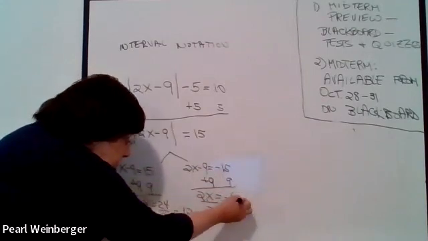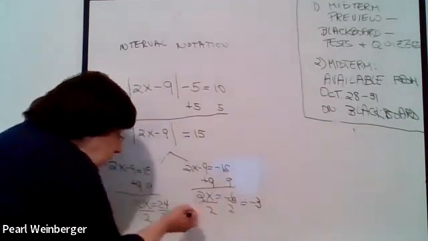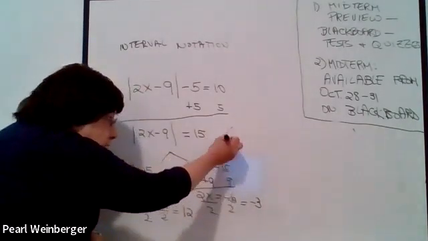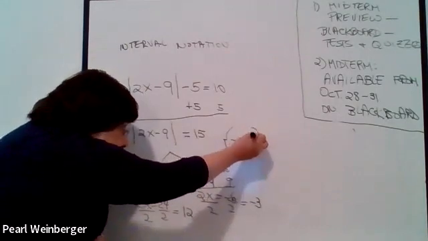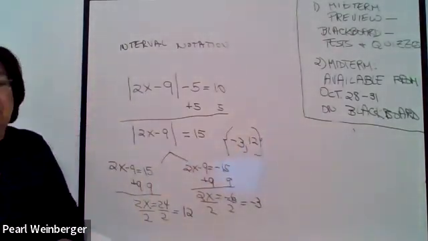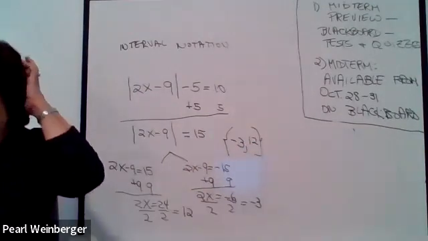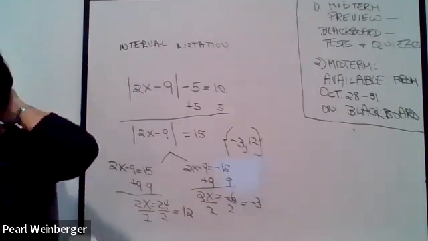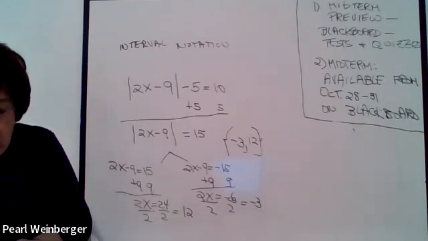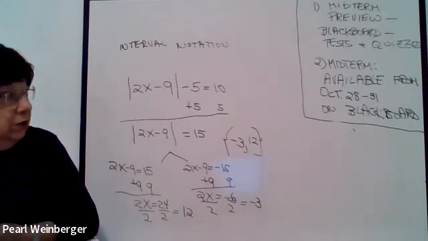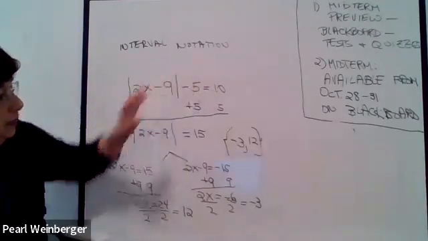So your other answer is negative 3. And you must put down both solutions, negative 3 and 12. An absolute value equation gets two answers. Either it doesn't have any solutions, rarely does it come up with just one solution. But that's only if this would be equal to 0, and that never happens.